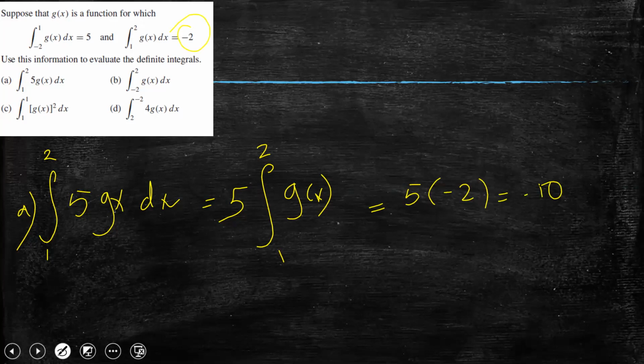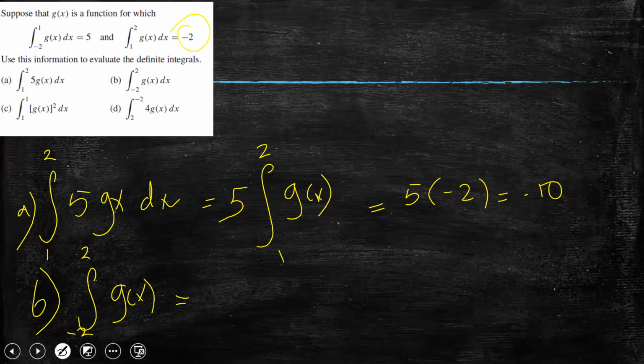Now, let's solve B. The integration of g of x from -2 to 2. Did I have it here? No, teacher. So what do we have to do? Add them together.